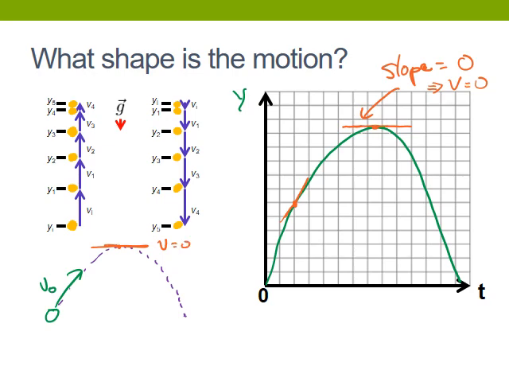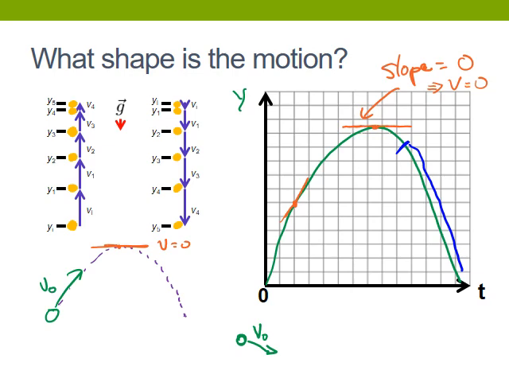However, if I instead take an object and I throw it towards the ground from a height, well, it's sort of like we're starting on this part of the curve, and we end up getting a curve that is just part of this parabolic shape.